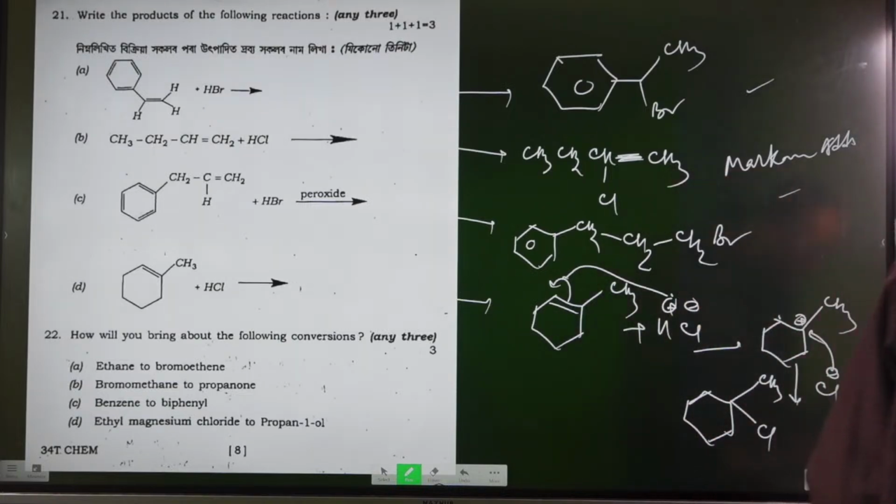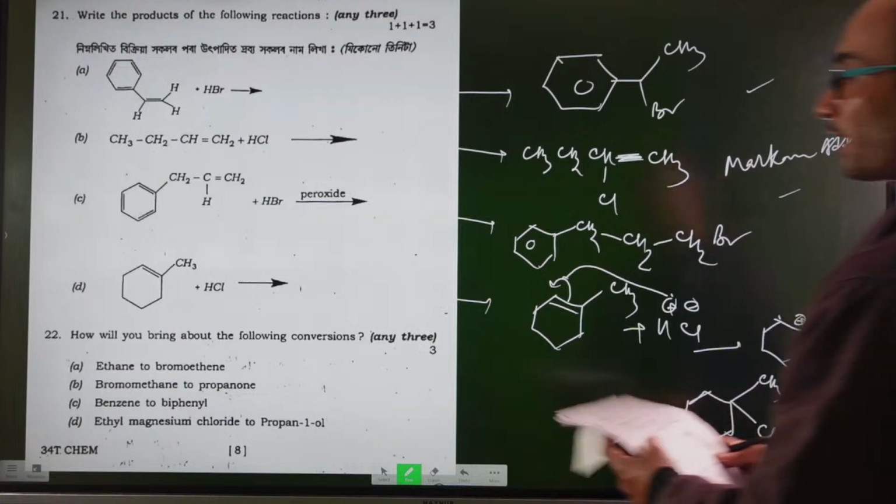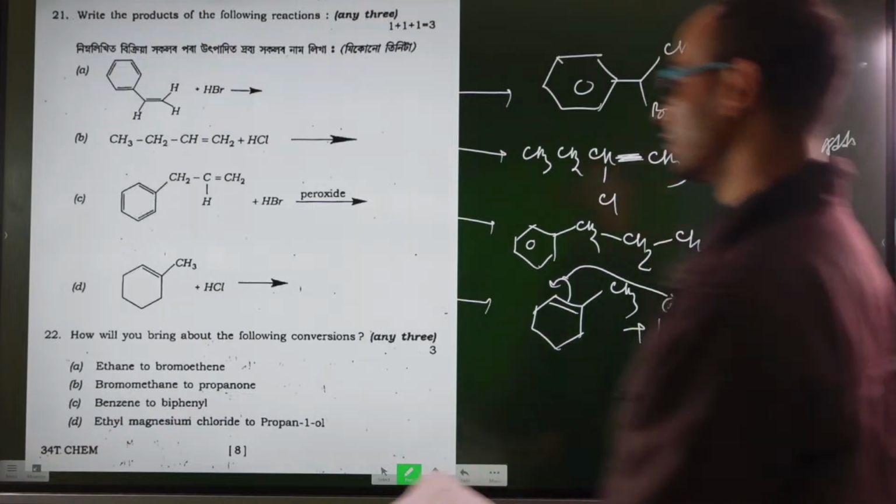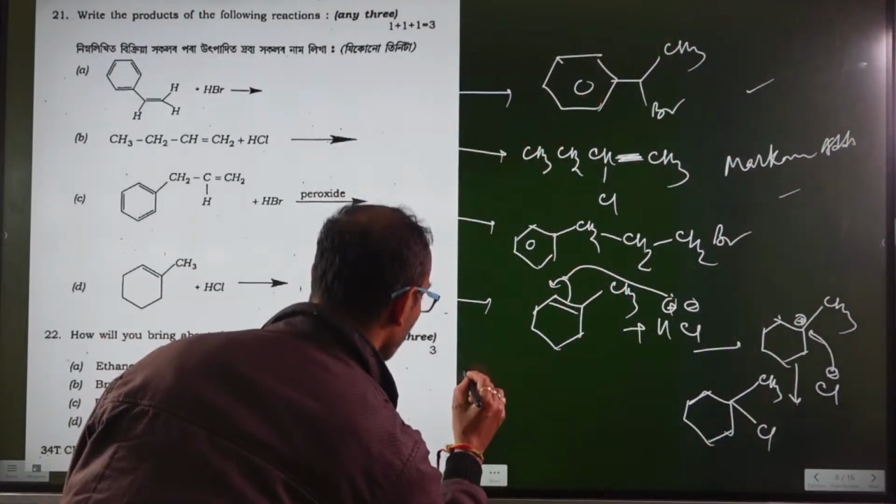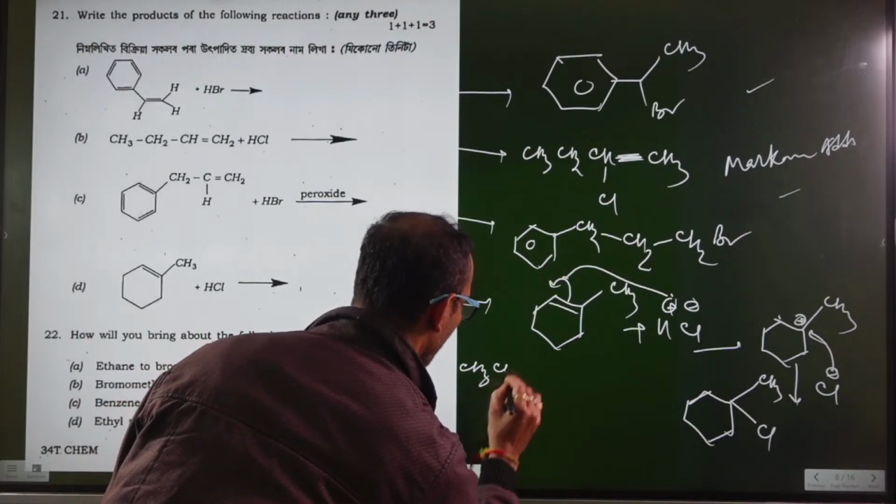Moving to the next question, you can see how to convert ethane to bromoethane. This is your ethane, right?